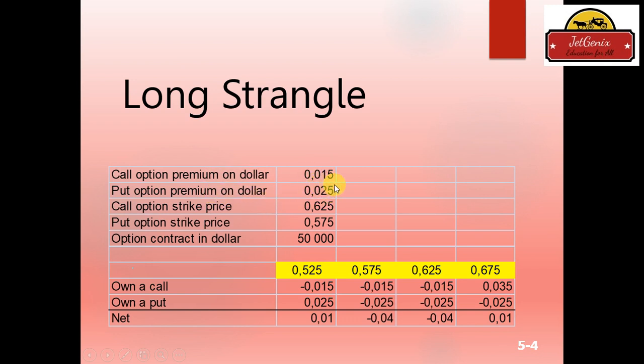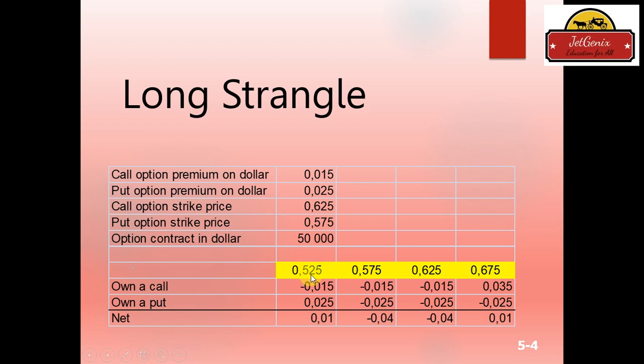These are two different premiums, it's okay, it was different in our previous example as well. Now the call option strike price is 0.625 and the put option exercise price is 0.575. There is a difference between the exercise prices of the call and put options, and again the contract size is 50,000.